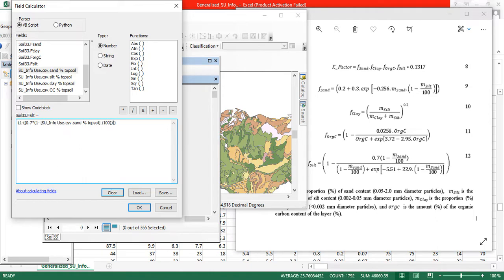Now we have our division, and from there you open another bracket.